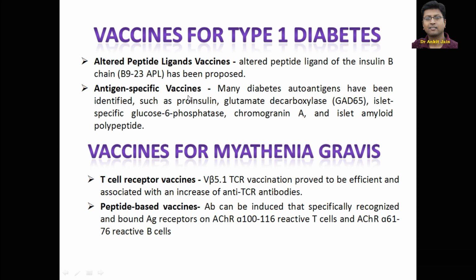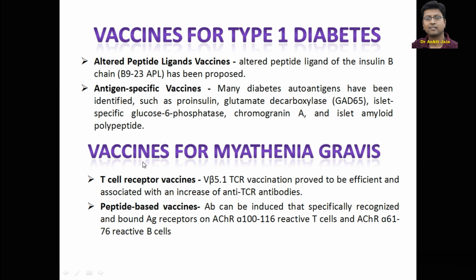In that the antigens are glutamate decarboxylase, then isolate specific glucose 6 phosphatase, chromogranin A, and isolate amyloid polypeptide. So this antigen is given intravenously, and definitely the antibody will be produced, and that antibody will act on altered antigens.